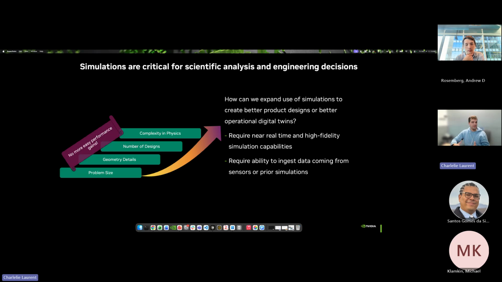But we have limitations in terms of the number of designs you can test, and also in terms of the complexity of physics you can capture. For example, people who do CFD need models because you can't resolve all the turbulence scales in any kind of turbulent flow. So simulations are limited in terms of what they can resolve.